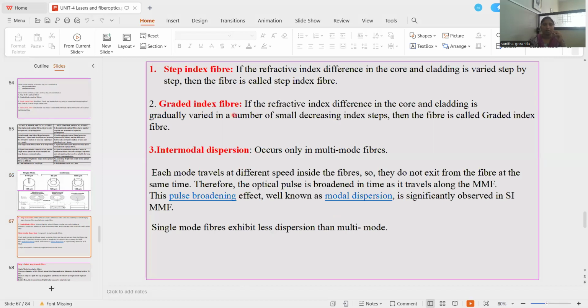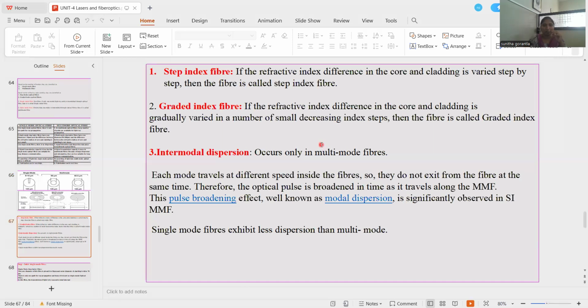Gradient index optical fiber. If the refractive index difference in the core and cladding is gradually varied in a number of small decreasing index steps, then the fiber is called gradient index fiber.